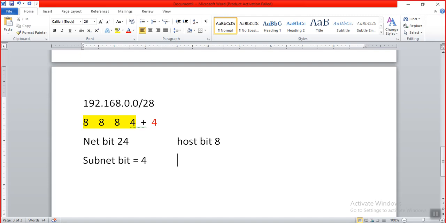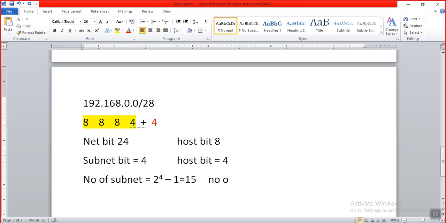And now host bit is also 4. So number of subnets: 2 to the power 4 minus 1 equals 15.